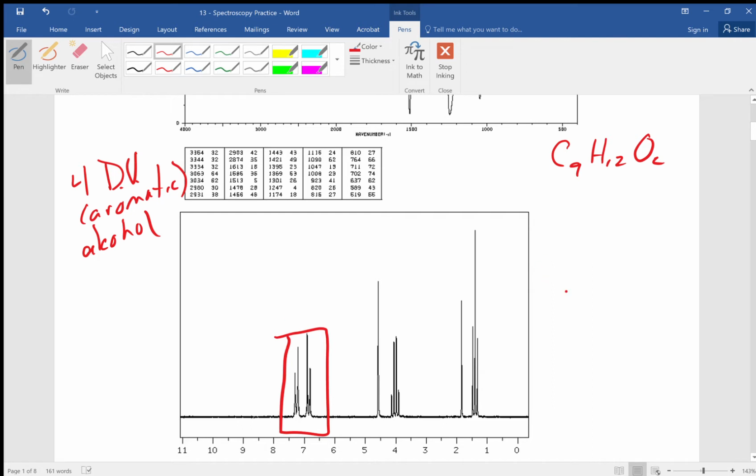When we have these 2 doublets, that's almost always a sign that our aromatic ring is going to have 2 groups at opposite ends of the ring. Because that gives us a ring where these 2 carbons are equivalent, these 2 carbons are equivalent, but they're not equivalent to each other, and so they will split each other into 2 doublets.